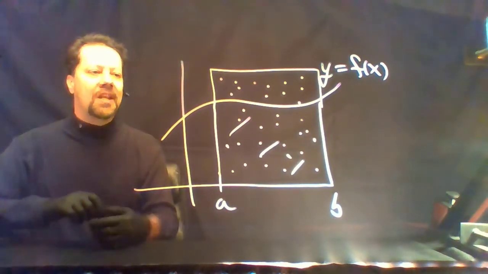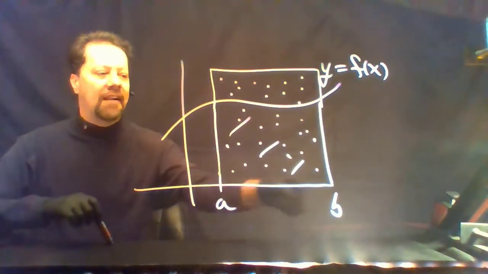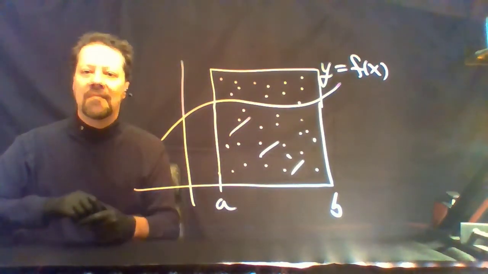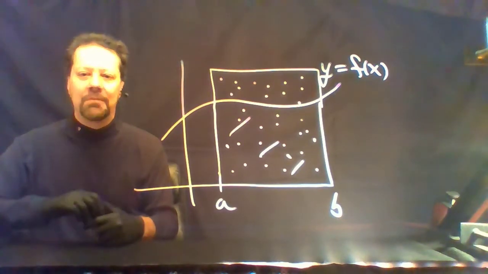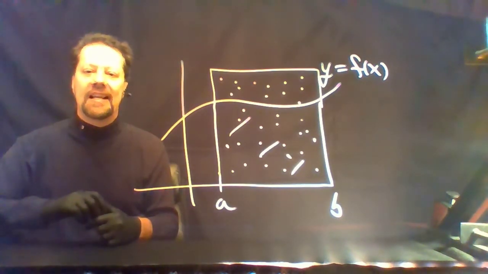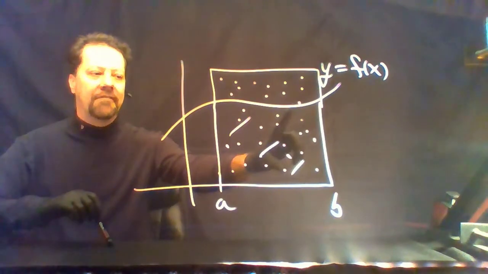Then we could deduce that about 62% of the area of the entire rectangle is in the undergraph. If we knew the area of the rectangle, we could multiply by 0.62 and estimate the area of the undergraph.